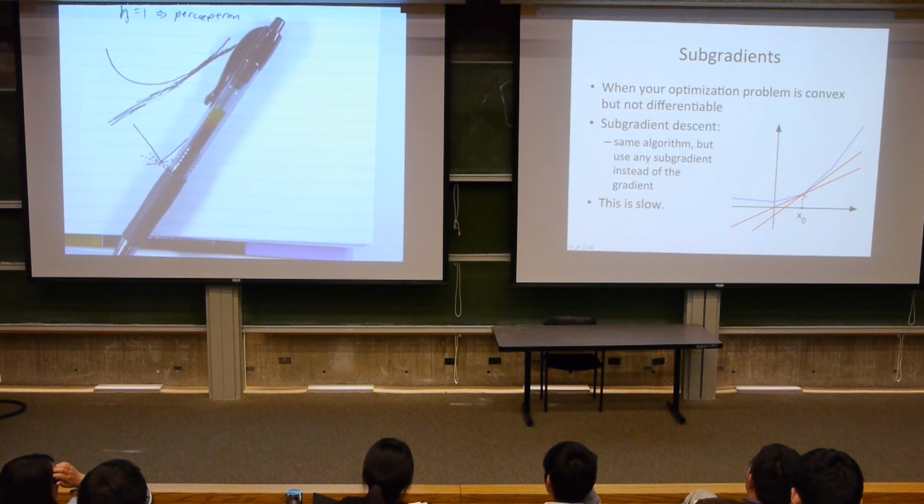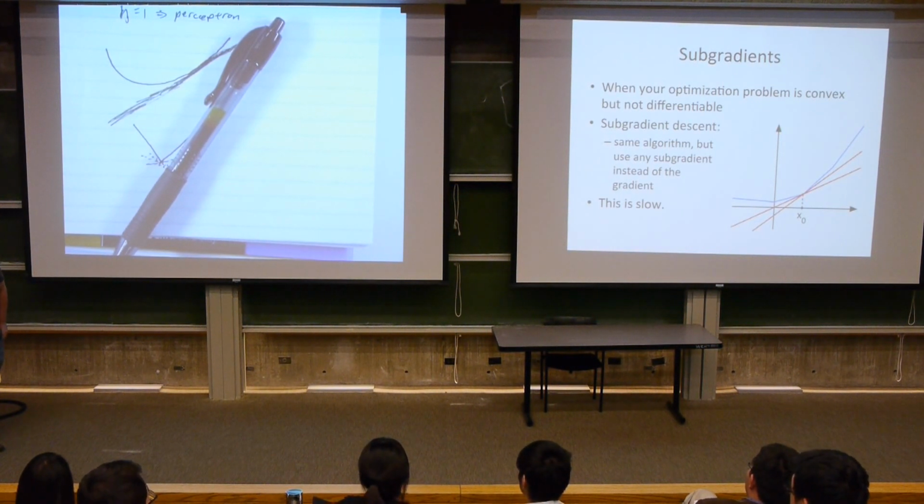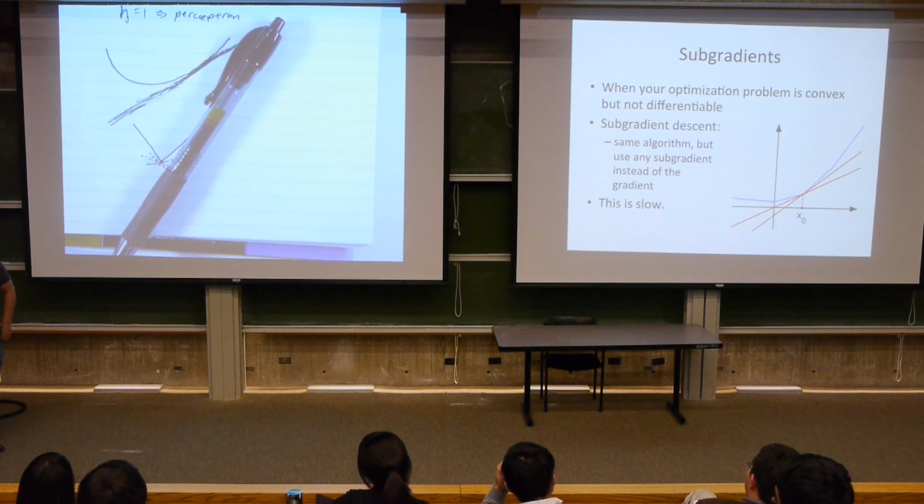If you're at a point that is not differentiable, you choose any one of them and take a step along that. It's nice that we don't have to change the algorithm, and sometimes we can come up with these subgradients pretty simply. But the problem is that it becomes super slow. The bounds on subgradient descent are much, much worse than the bounds on gradient descent.